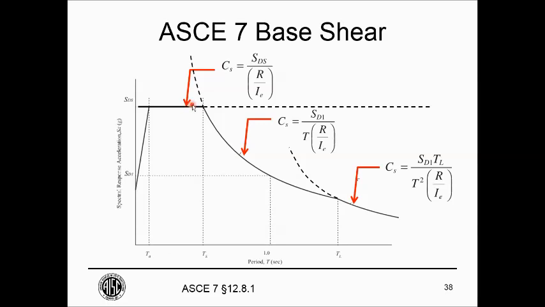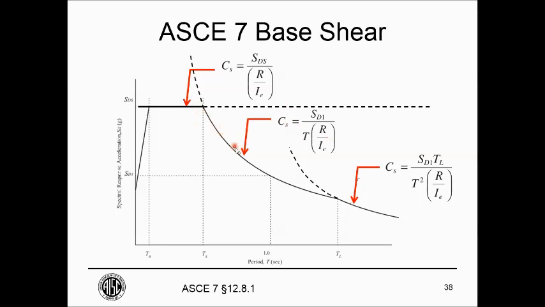So here are the equations that we get in ASCE 7 based on that short period response, SDS, and that includes the 2/3 factor.